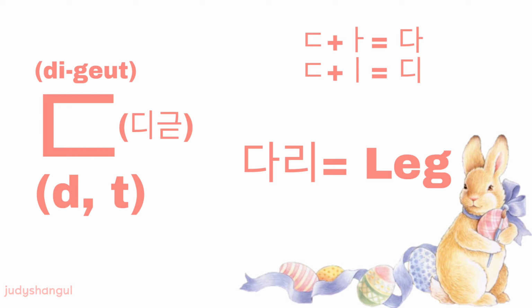It sounds more like between D and T. 디귿 plus a, 다. 디귿 plus 이, 디. 다리, leg.